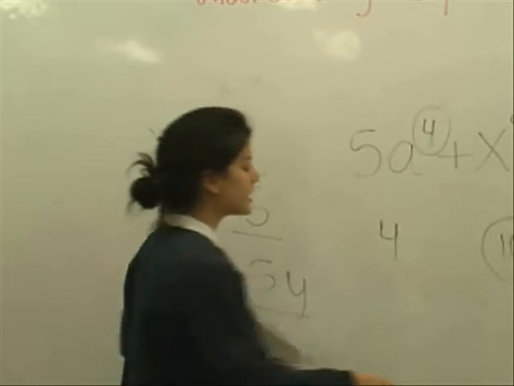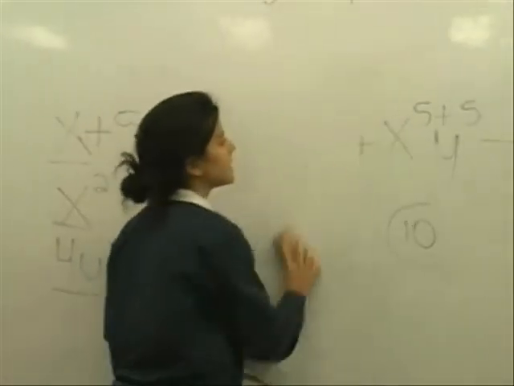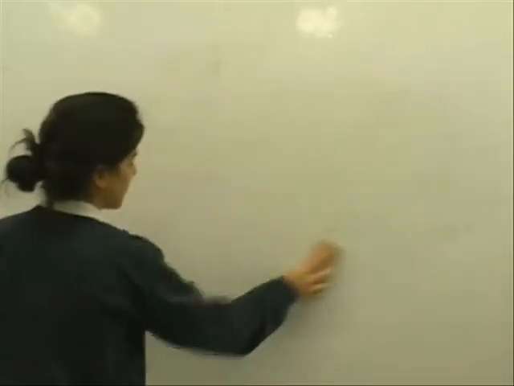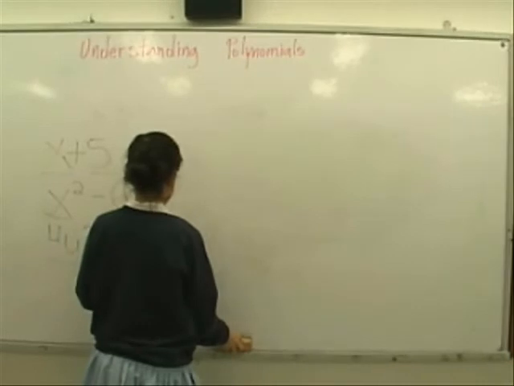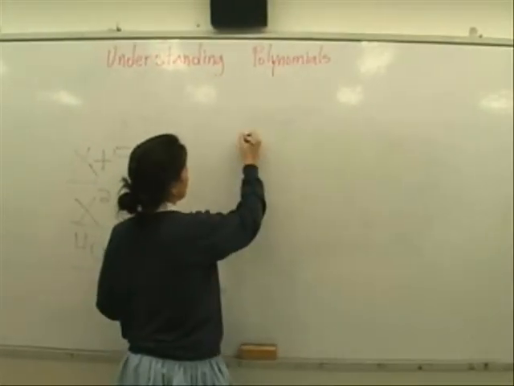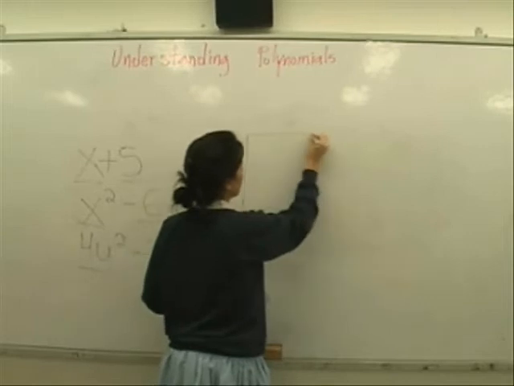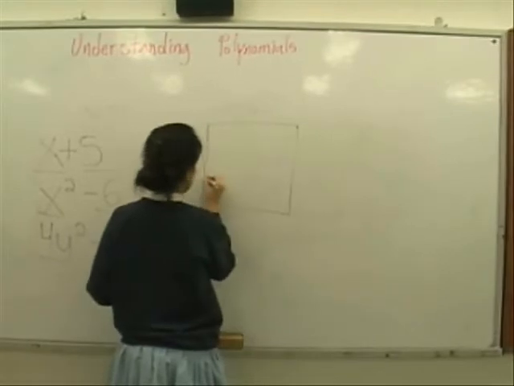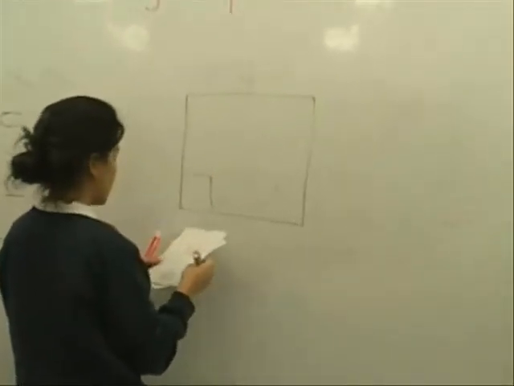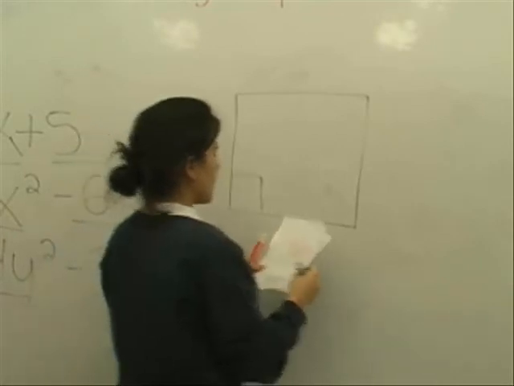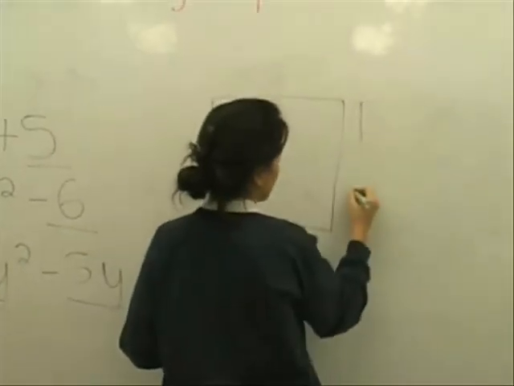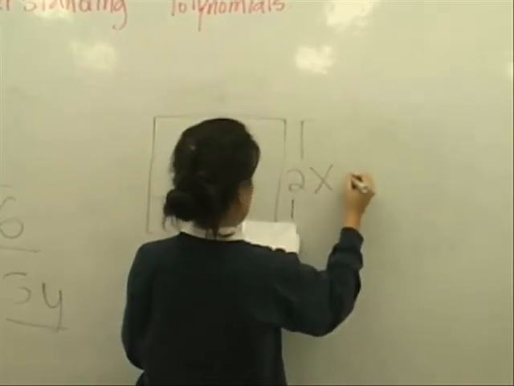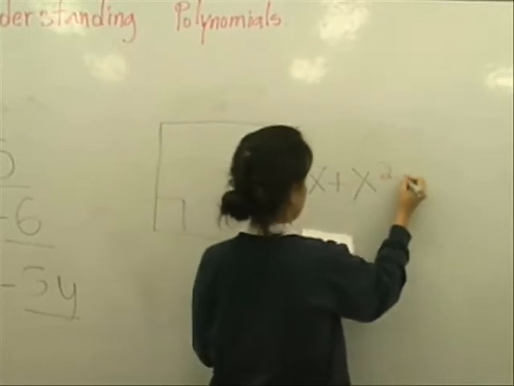Okay, so we are going to do some exercises applying polynomials to geometry. So we have a square and one of its sides measures 2x plus x to the power of 2 plus 5.